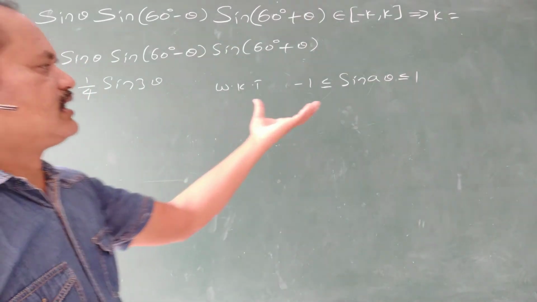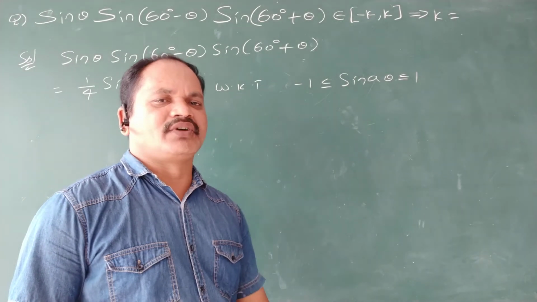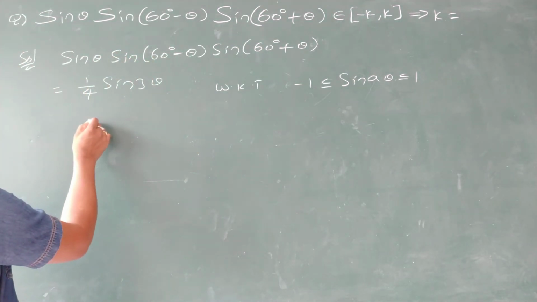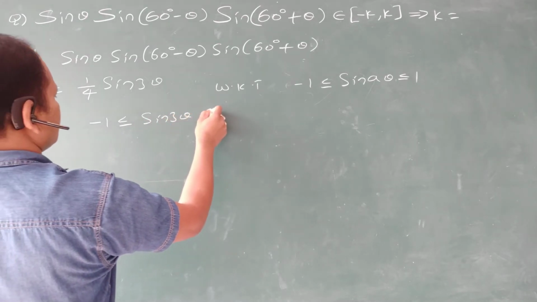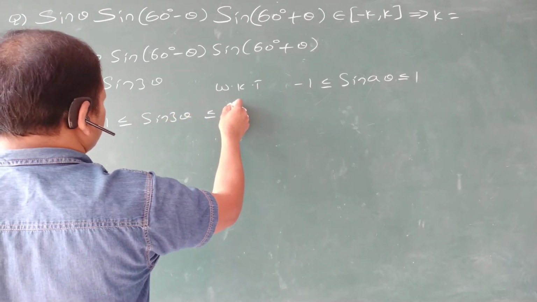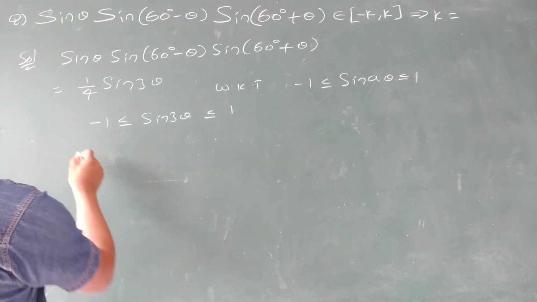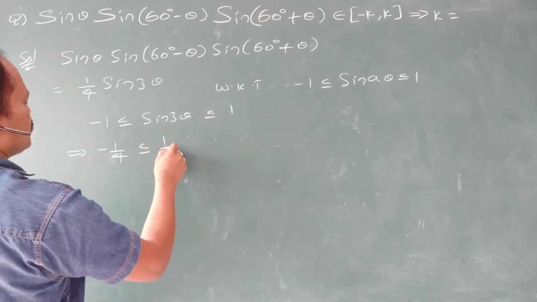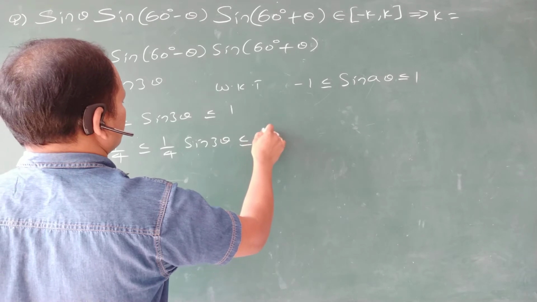That's why sin lies within the interval minus 1 to 1. Minimum value of sin is minus 1. Maximum value of sin function is 1. Now here minus 1 less than or equal to sin 3 theta less than or equal to 1. Now divide by 4, then it gives minus 1 by 4 less than or equal to 1 by 4 sin 3 theta less than or equal to 1 by 4.